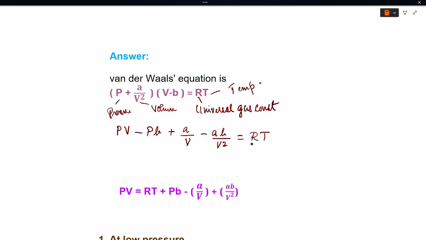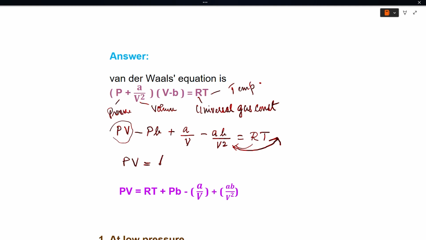Now, taking RT and the other terms together and keeping PV on one side, I can write this equation as PV, retaining on one side.